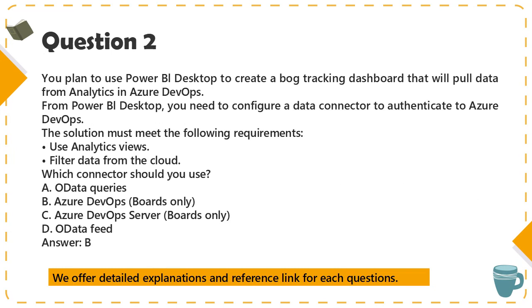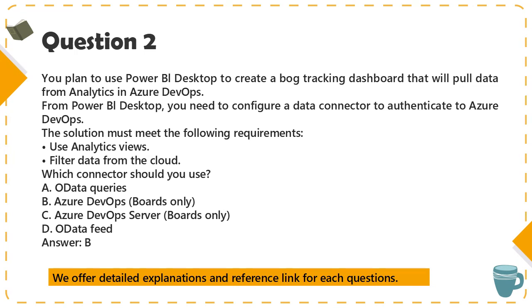Question 2. You plan to use Power BI Desktop to create a bug tracking dashboard that will pull data from analytics in Azure DevOps. From Power BI Desktop, you need to configure a data connector to authenticate to Azure DevOps. The solution must meet the following requirements.